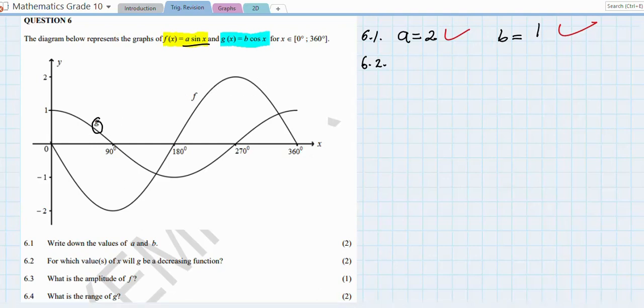So for us there, whenever they're asking you for which values of x will G be a decreasing function, what we want you to do is that you look at the graph of G. Here's the graph of G, as we said. You look at the point where the graph is going down. So starting from here, the graph is at rest, right? And then here also the graph is at rest. It's at its turning point, right?